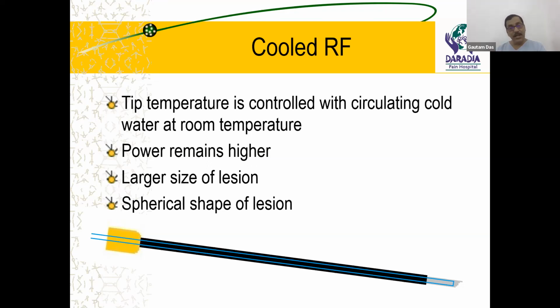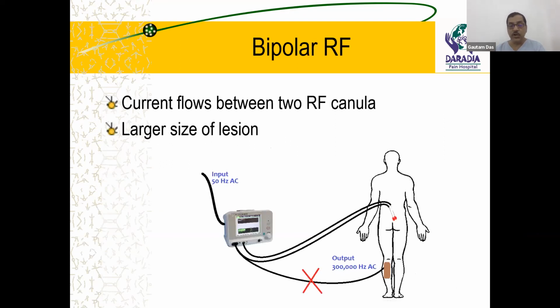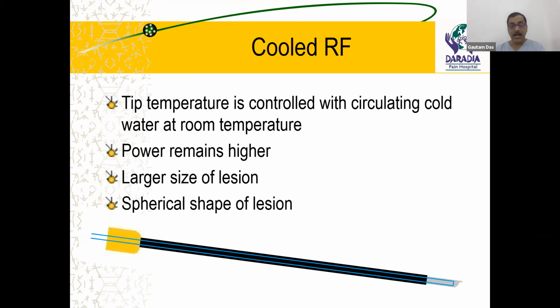That means you can still deliver your current at a higher power. Higher power means larger size of the lesion, spherical size of the lesion. So this is the advantage of the cooled radio frequency. That means in the cooled radio frequency, you will be having a large size lesion, and that will be giving the benefit that you can easily catch the nerve.